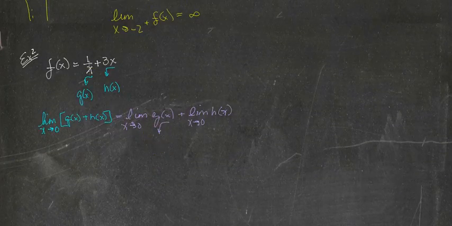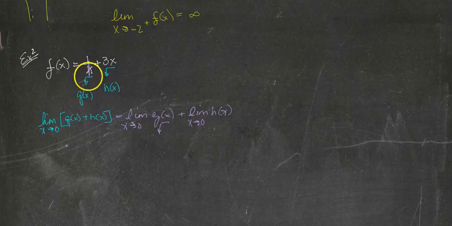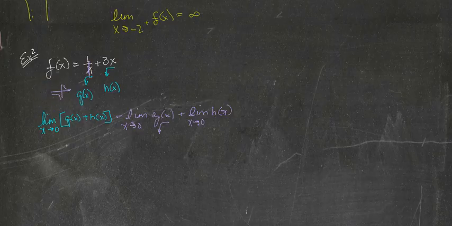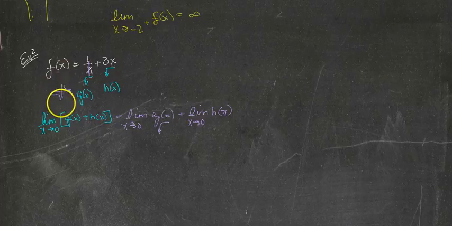Because we have a rational function, and we know that the parent graph of 1 over x looks like this. And so if I approach from the left, it equals negative infinity. If I approach from the right, it equals infinity.